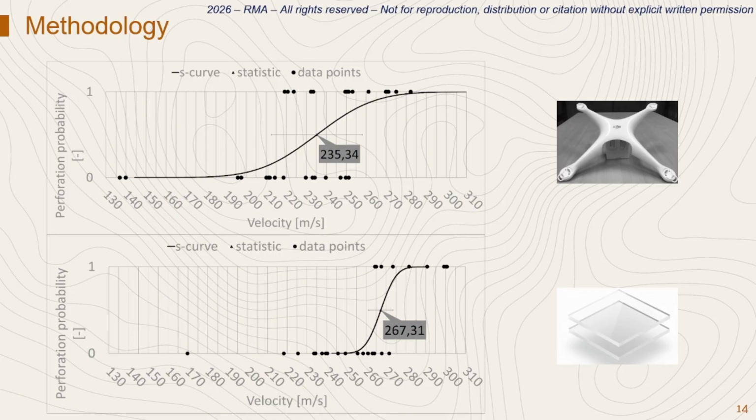So that's the velocity at which 50% of the impacting rounds would perforate the target. As you notice, the V50 of the equivalent plate is slightly higher than that of the shell. So we say that the equivalent plate is a conservative representative of the shell.